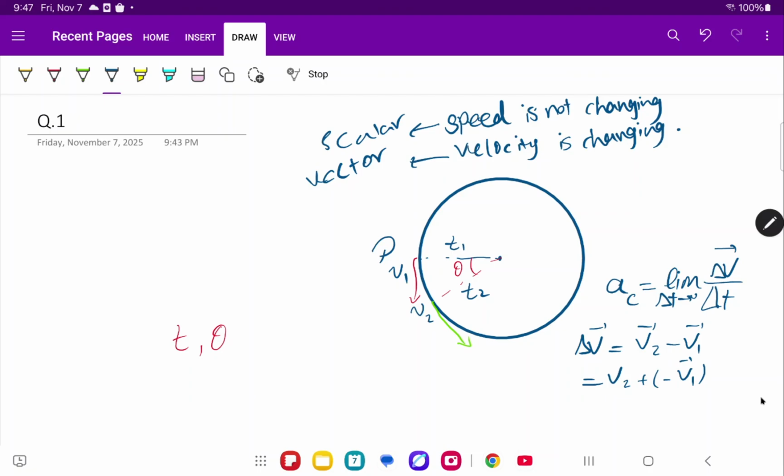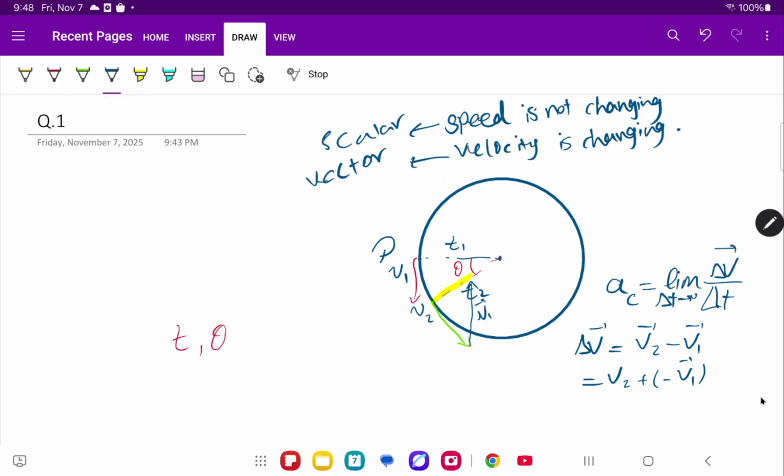So v1 we can just reverse it from here, and then a would be in this yellow direction, toward the center of the circle.